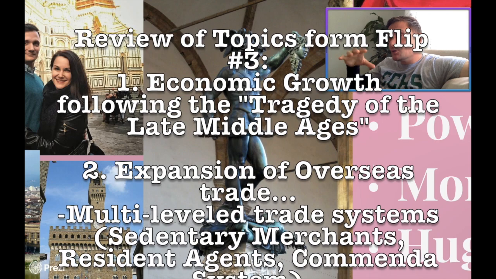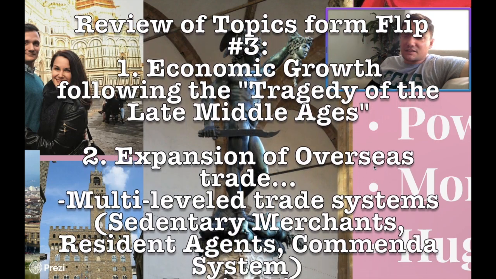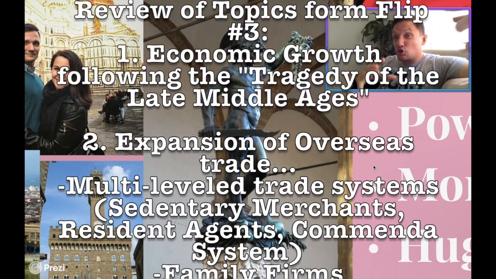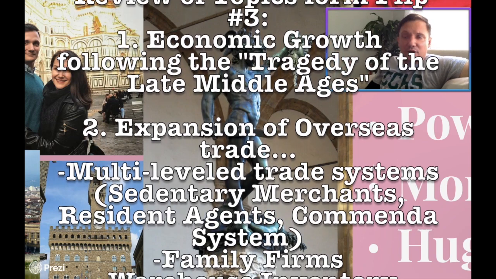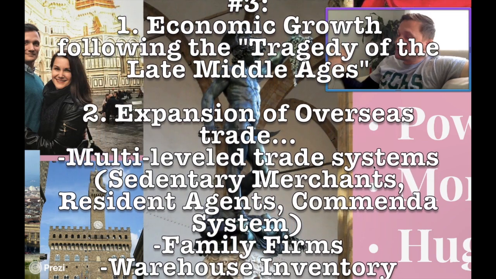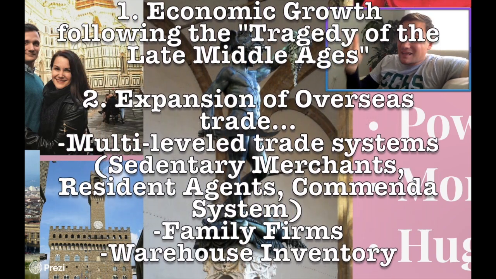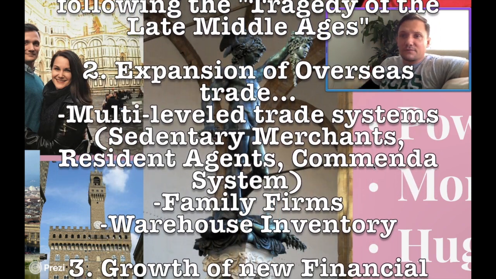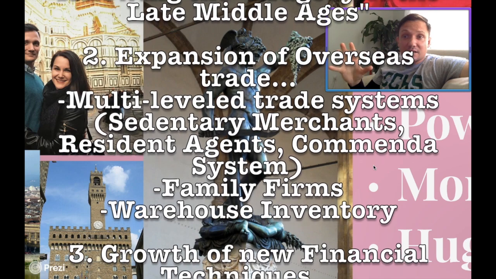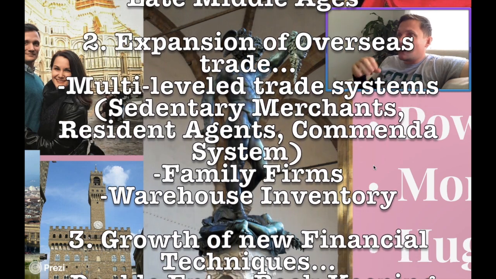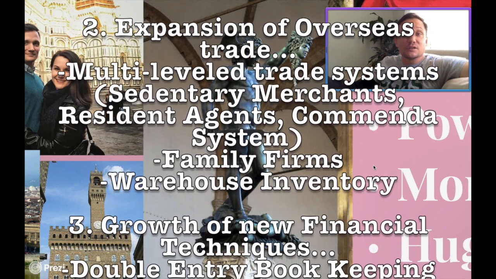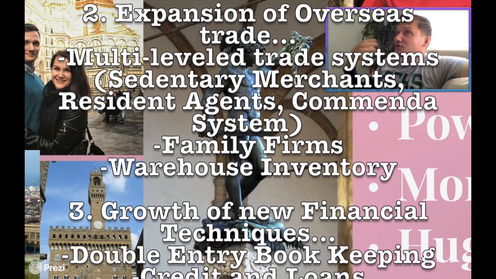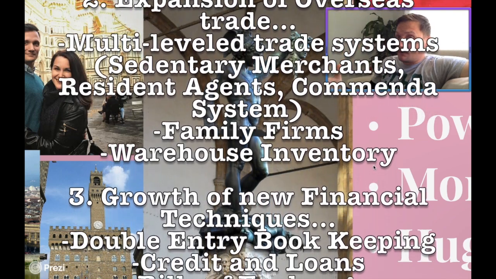And we got into new economic techniques, specifically the growth of economic patterns when it comes to overseas trade. We talked about sedentary merchants, resident merchants, the Commenda system, that middleman system, right? The rise of family firms and all these other great, amazing concepts, particularly the Medicis and the Sforza briefly, and then we got into them a little bit more later. We also then continued with the growth of new financial techniques.